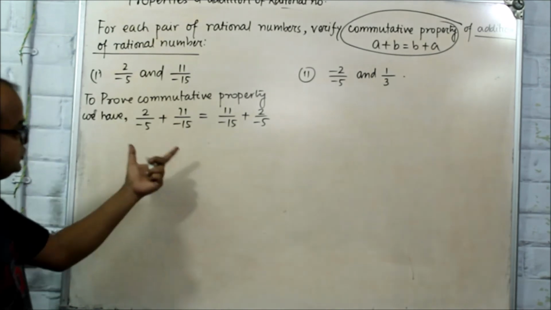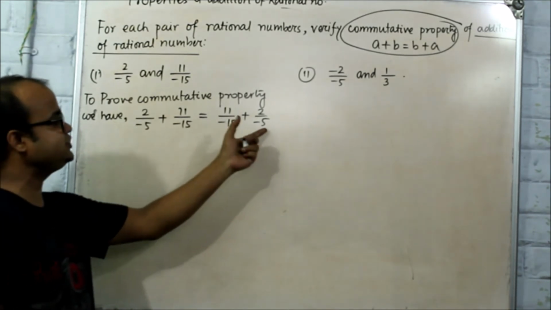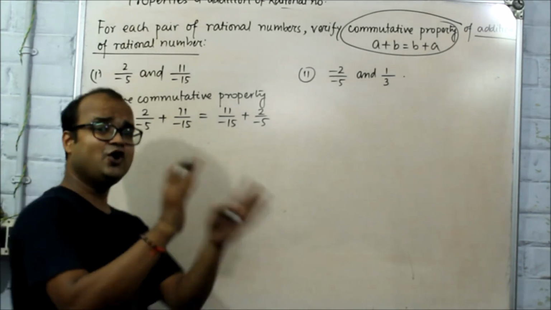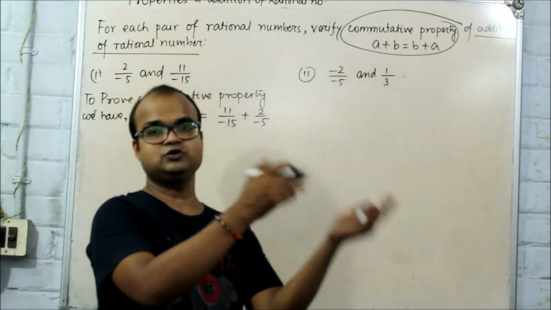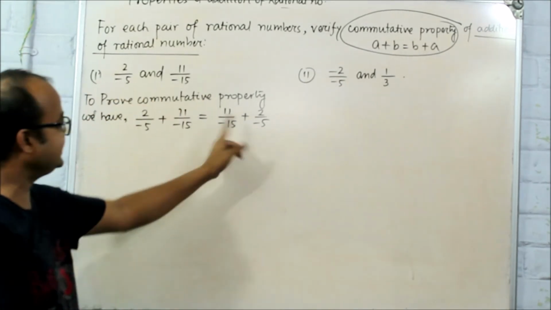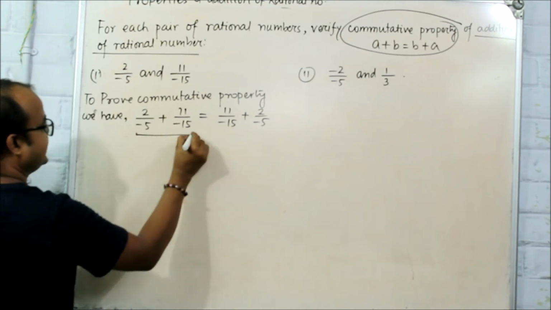If you can solve this, that means the addition of these two is equal to the addition of these two. Commutative means the order will be changed. First term plus second term is equal to, now the second term will become the first term. So we'll first find out this one.